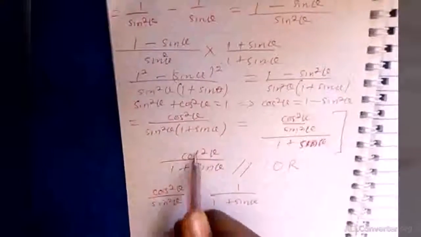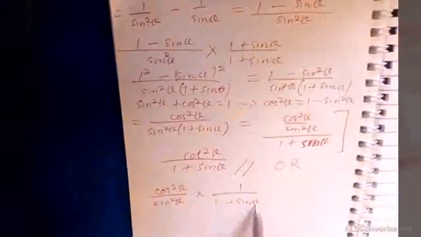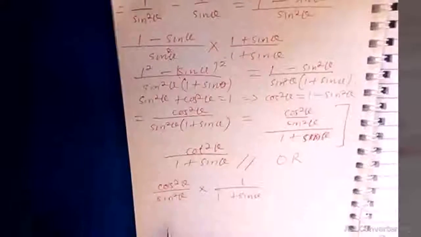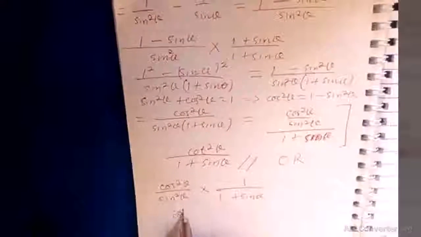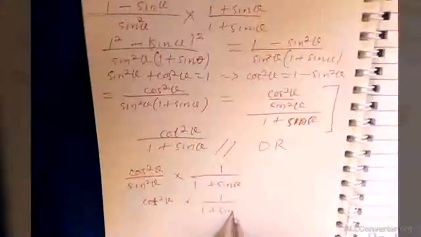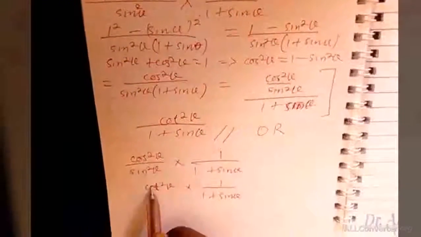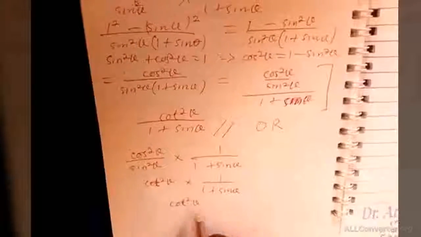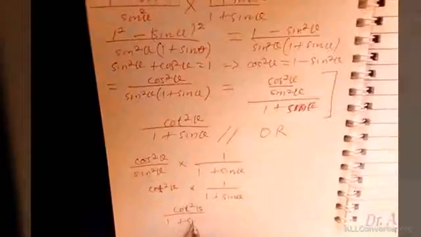But you know that cos square theta over sin square theta is cot square theta, then times 1 over 1 plus sin theta. Cot square theta times 1 is cot square theta over 1 plus sin theta. This is the end of our answer.